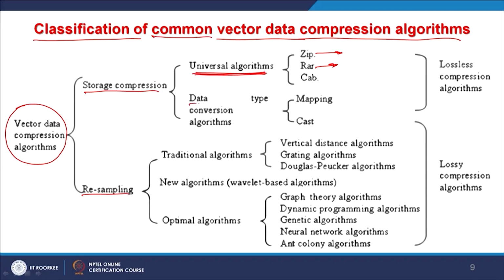Now, there is another way of compressing which can allow us better storage compression: data converging algorithms. Data converging algorithms are used for mapping and other types of methods, and all of these are, as mentioned here, lossless, non-destructive compression techniques.